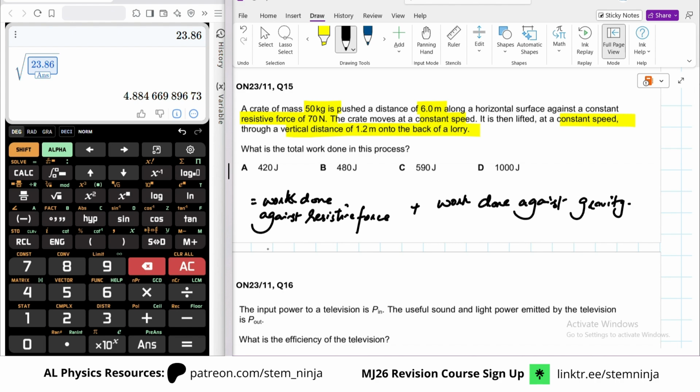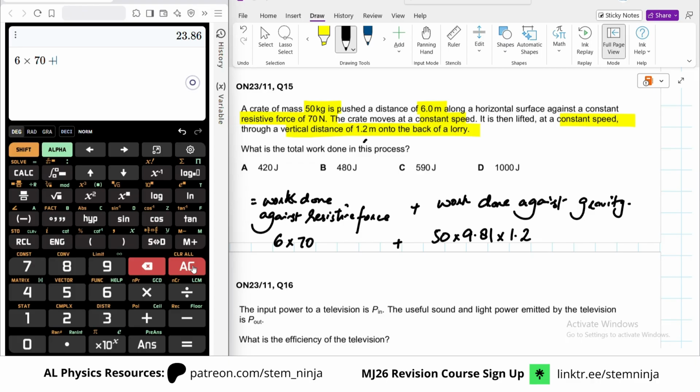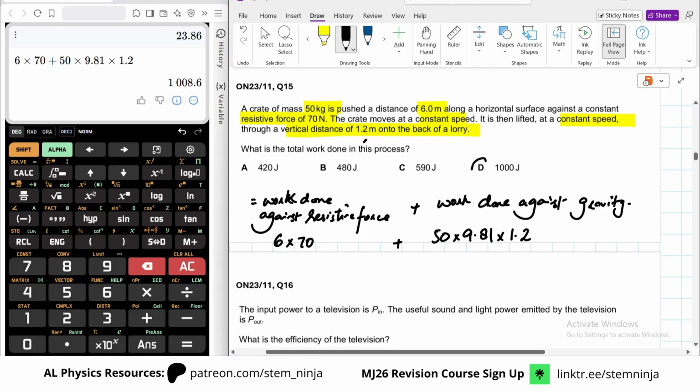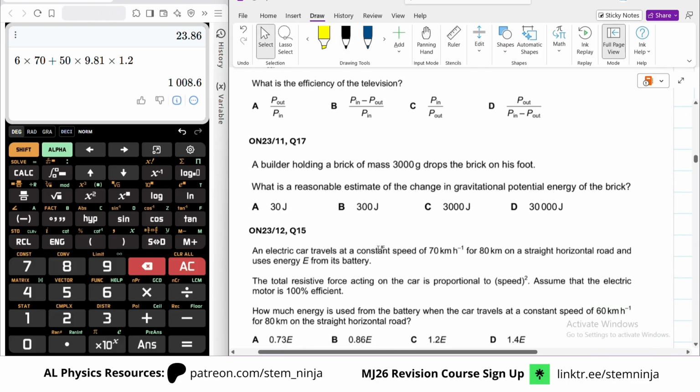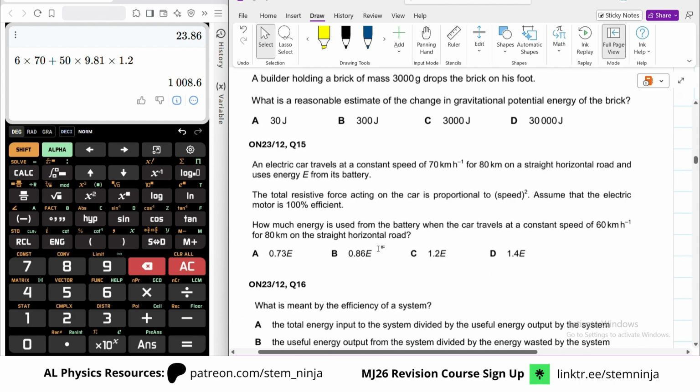Okay, so in this case, this is 6 times 70 plus 50 times 9.81 times 1.2. So 6 times 70 plus 50 times 9.81 times 1.2, 1000 joules. Right, okay.